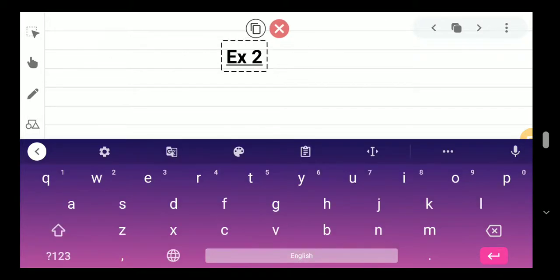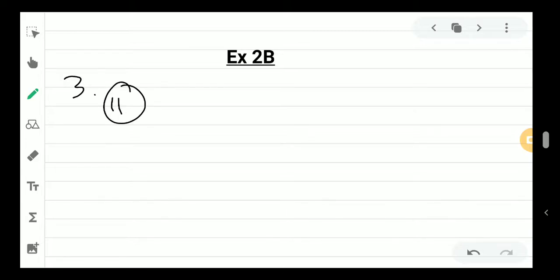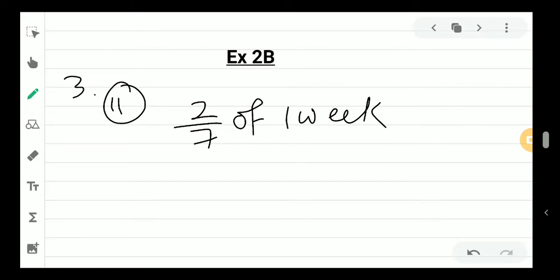Here we are taking question number 3 2. So 2 by 7 of 1 week. You can open your book and find exercise 2b, and you see question 3 2. Now 2 by 7 of 1 week.